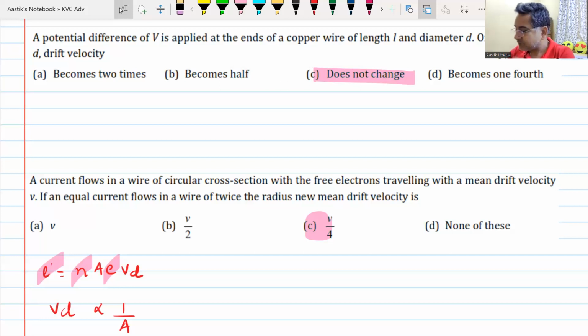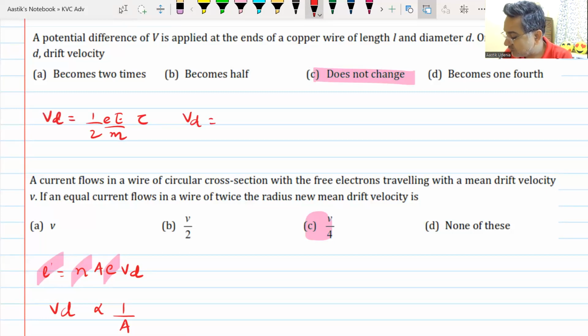If you look at the different formulas of Vd, it was eE by m into tau, Vd was lambda by tau, and I is equal to NAeVd.